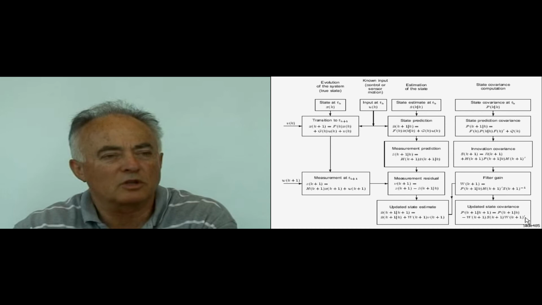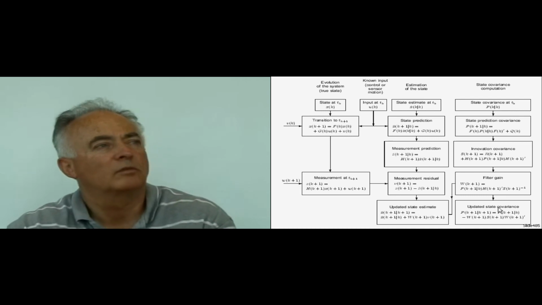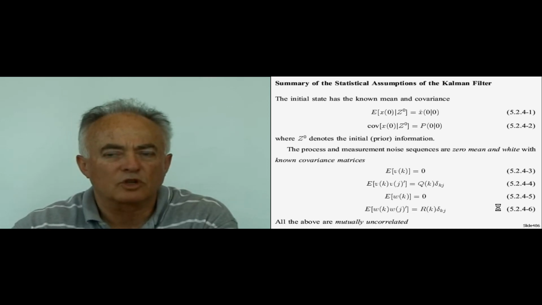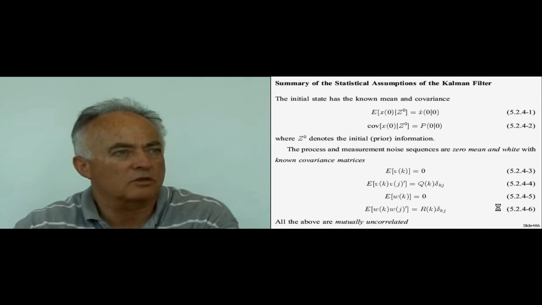So what this does is complete one cycle of the filter. And you can see the second chart with a single argument notation. It's in the text. Some people prefer that notation.